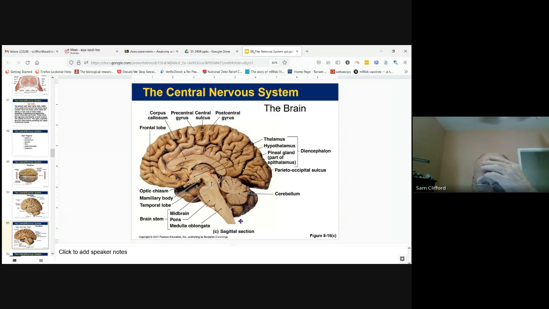So once information is carried up the spinal cord, that's routed to the left and right cerebral hemispheres by the thalamus. Here's a parieto-occipital sulcus. The sulcus is a large split between segments of the brain.